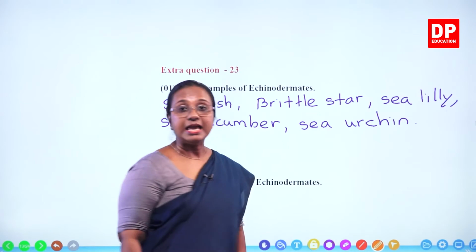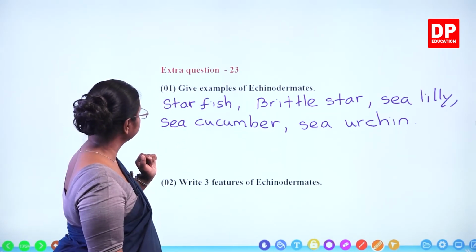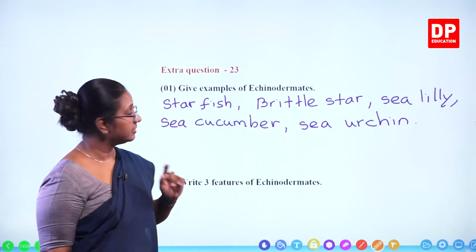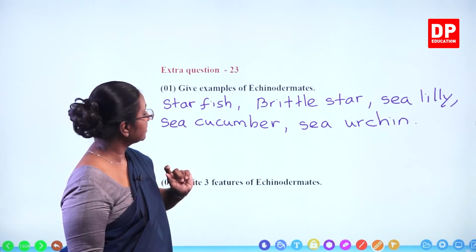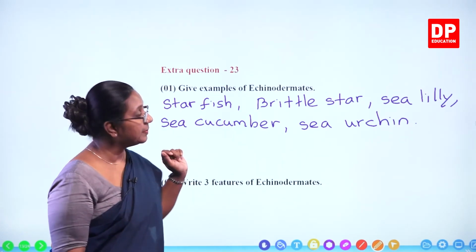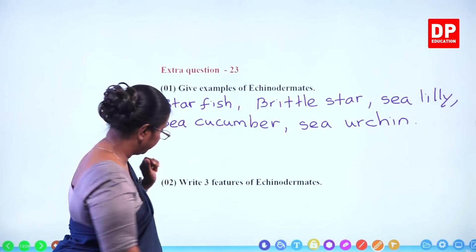So these are examples of echinoderms: starfish, brittle star, sea lily, sea cucumber and sea urchin.